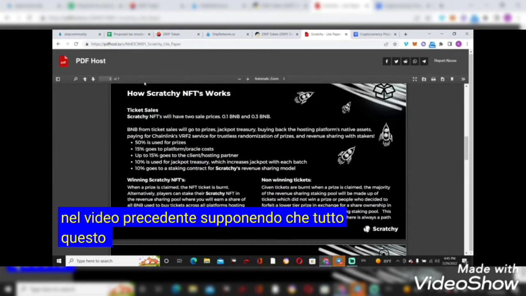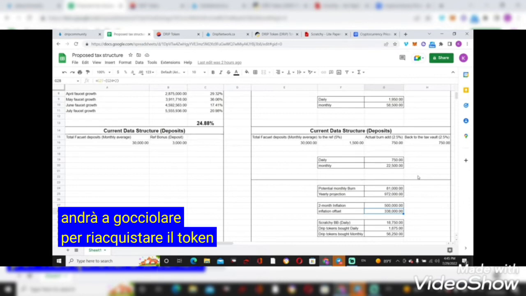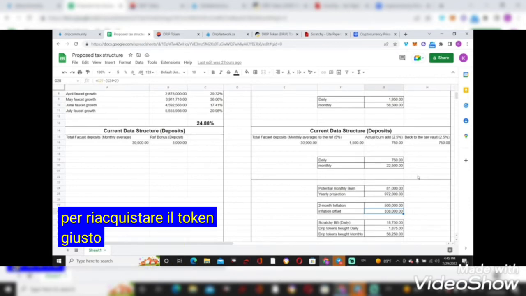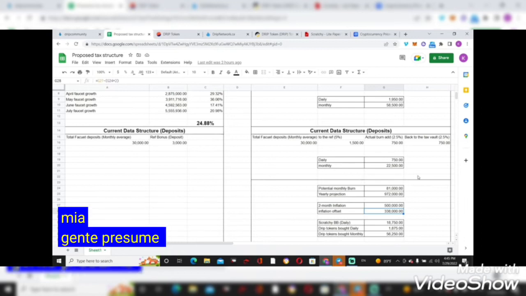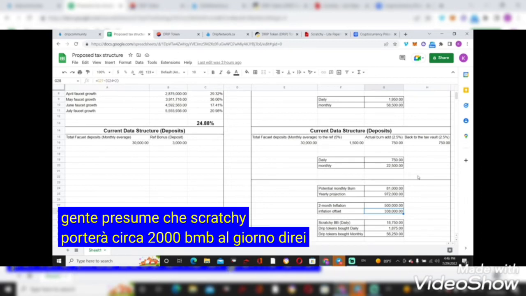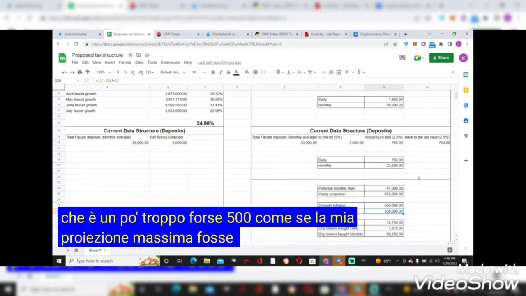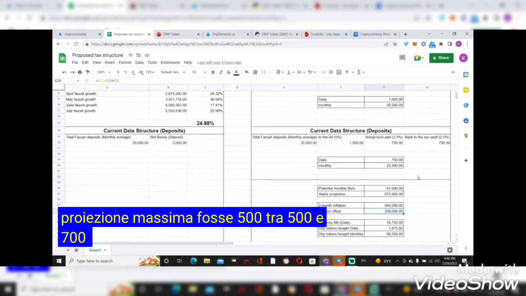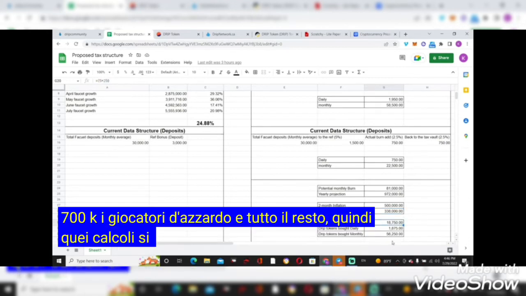Assuming all of this amount will go to Drip to buy back the token, right? What will happen is that people are assuming that Scratchy will bring about 2000 BNB a day. I would say that's a bit too much, maybe 500, like my maximum projection is between 500 and 700, knowing gamblers and all.